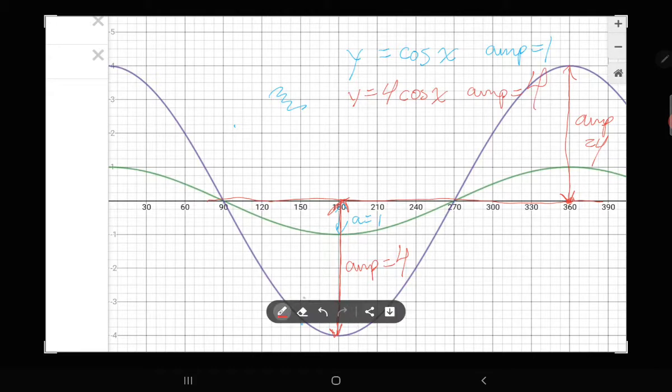Are we seeing a connection here with the number that was in front of cos of x here and the number that is in front of the cos of x here and what the amplitude is for each? That's right. Hopefully you're seeing that that value there represents, not only is it being multiplied by the y values, it also represents the amplitude.